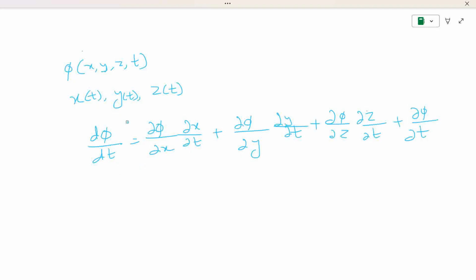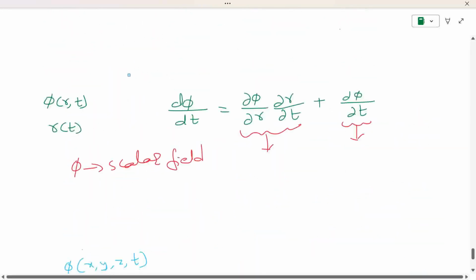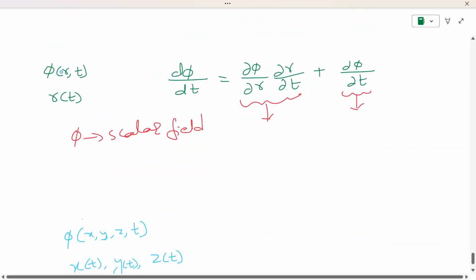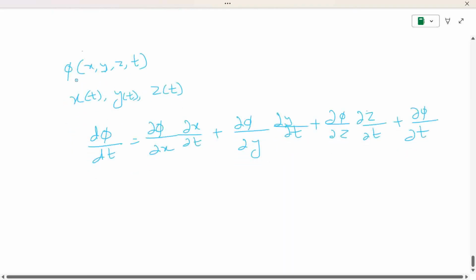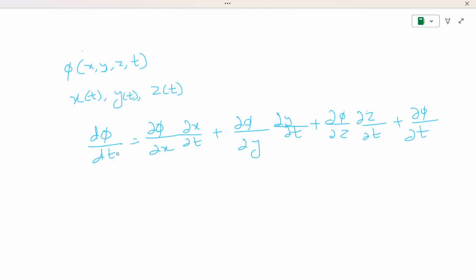So anyway, understand the mathematics for whether it is one variable r or x, y, z, and if x, y, z are dependent on t, then d phi by dt will be calculated in this fashion.